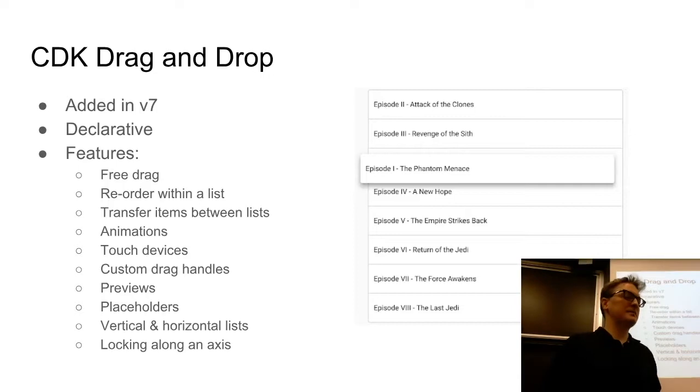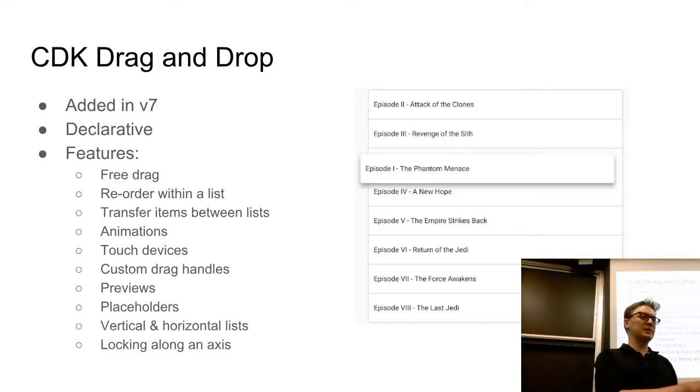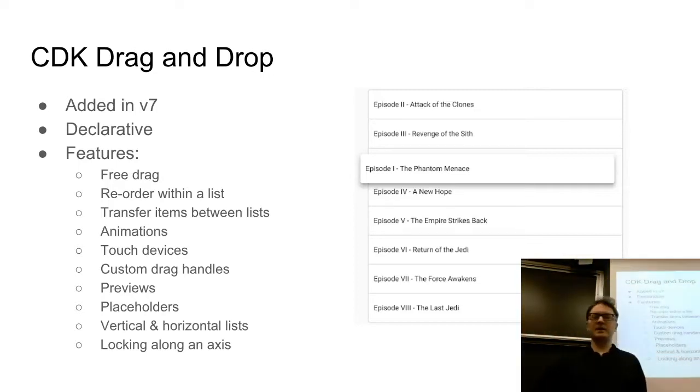So instead of writing code that listens for different events that happen and then responding to them and updating your own data structures, you can pretty much just say this thing should be draggable and this area is where you can drag it to. So this is the complete list of features that the CDK drag and drop feature provides.